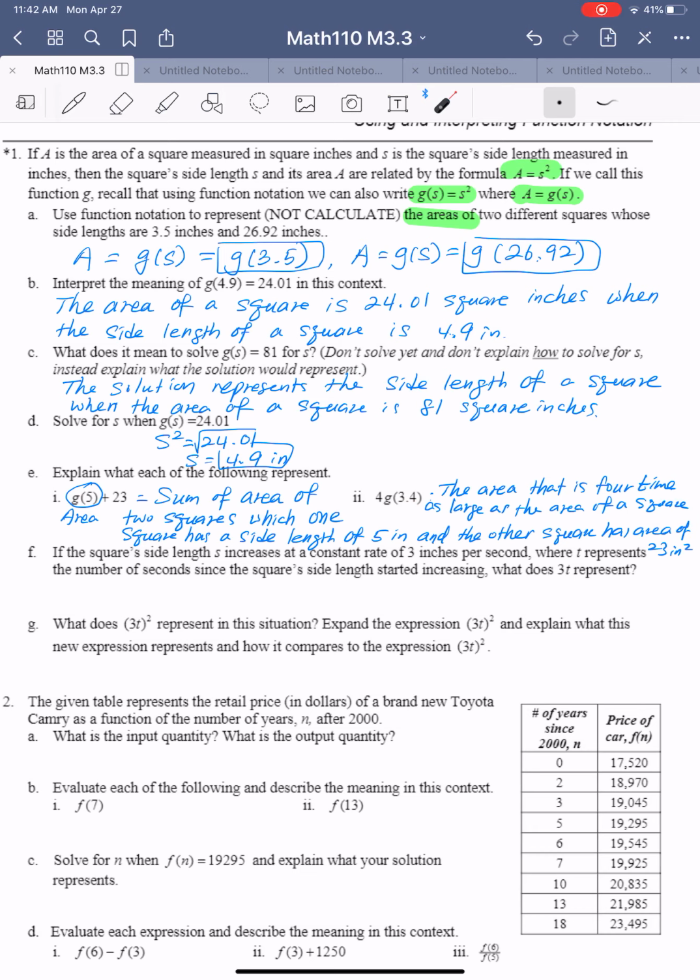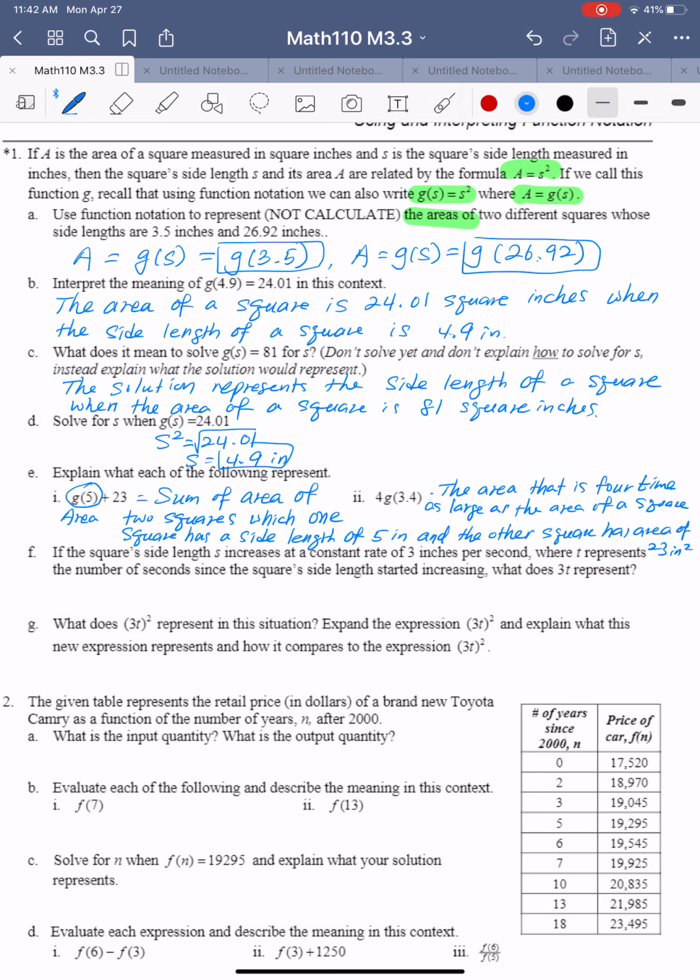Okay, so F, if the square's side length increases at a constant rate of 3 inches per second, where t represents the number of seconds since the side length started increasing, what does the 3t mean?